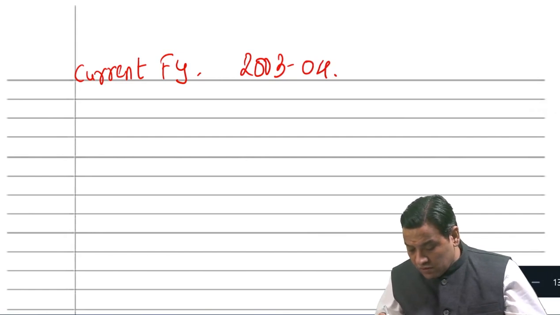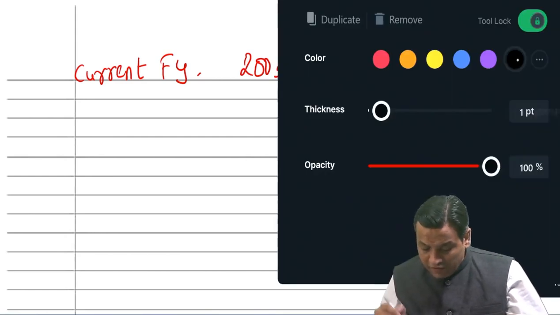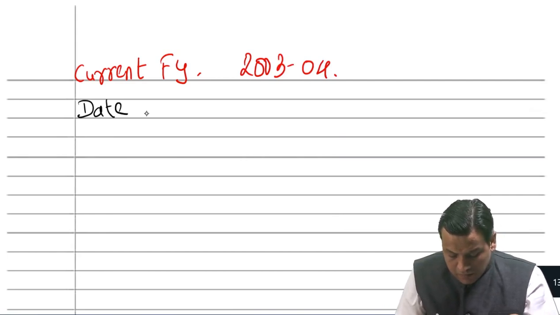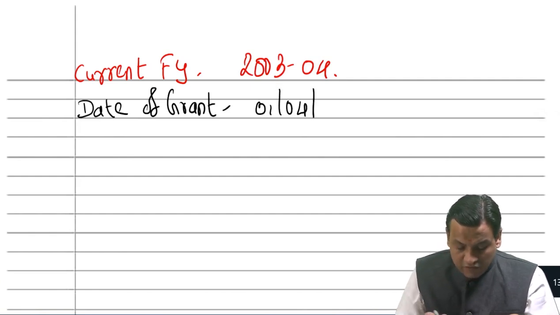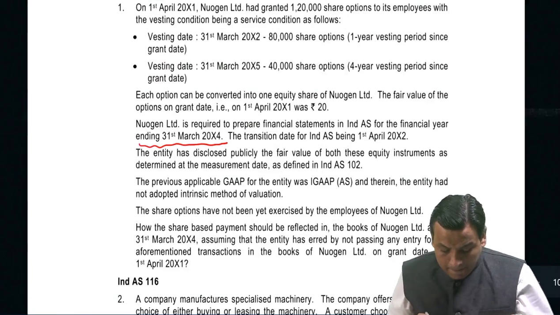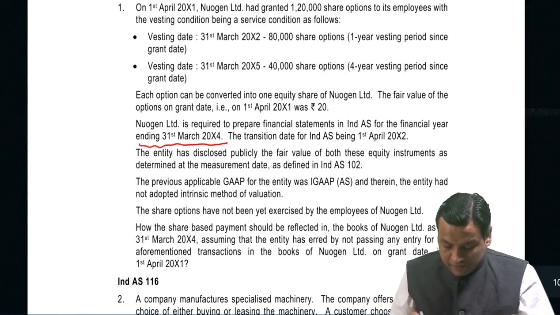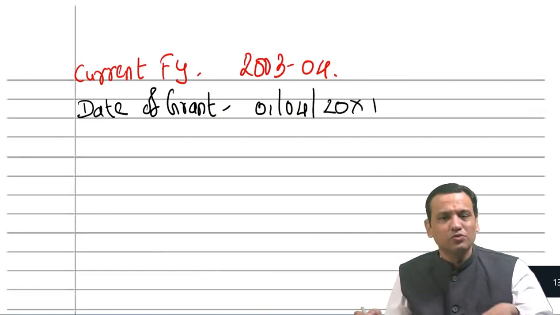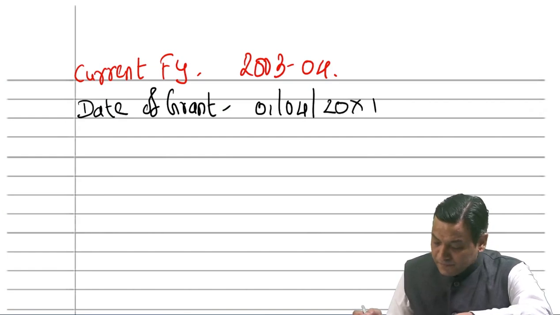Now what was the date of grant, friends? What is the date of grant? 1st April 2001.